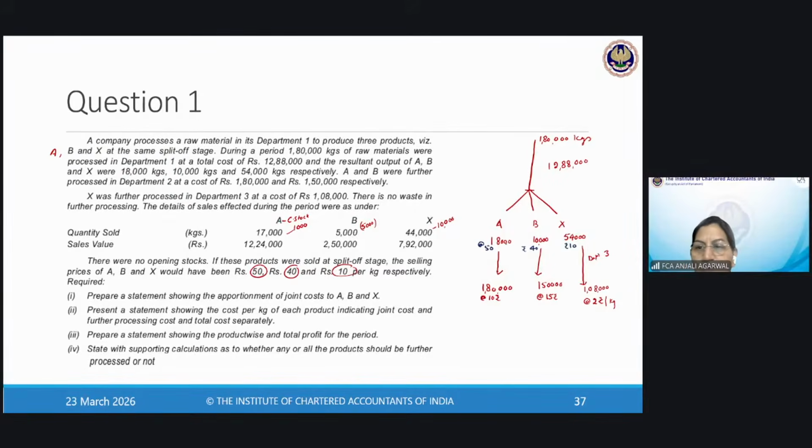So like I said, if you have the sales value at split off point, you can use this method to allocate the joint costs. So 12,88,000 can be allocated in the ratio of 18,000 into 50, 10,000 into 40, 54,000 into 10. So what you are required to do is prepare a statement showing the apportionment of joint cost of A, B, and X.